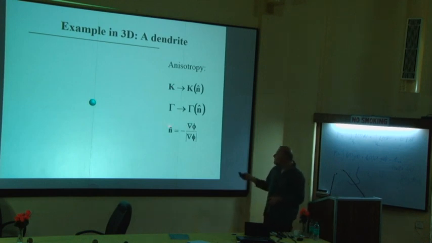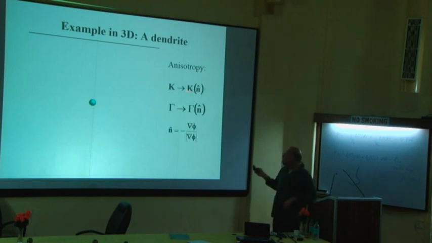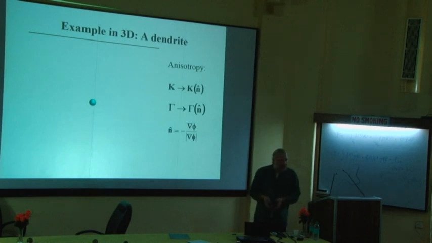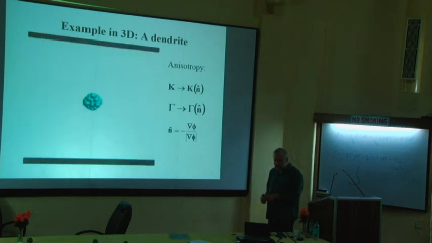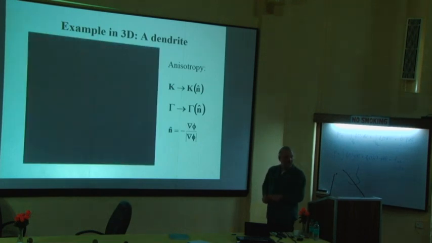The normal vector can be expressed by the gradient of the phase field, so everything is in closed form. What you have to be careful about is if you introduce new dependencies on the normal vector in the free energy functional, you have to recalculate the variational derivative because there will be new terms there. Okay? But if you incorporate this, then you can get the growth of a dendrite.